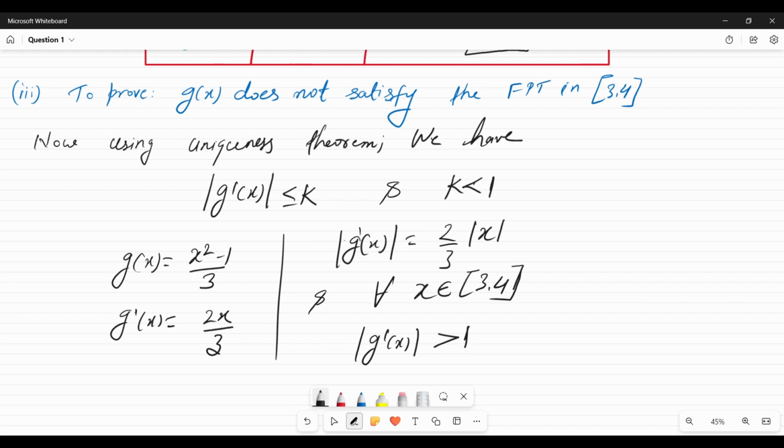So we can say that this function g(x) does not satisfy the fixed point theorem in [3, 4].